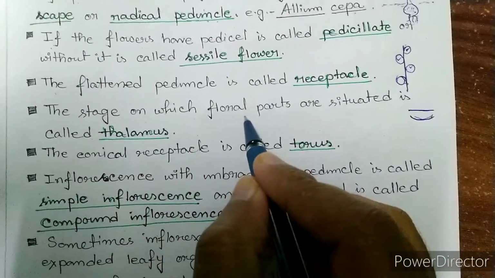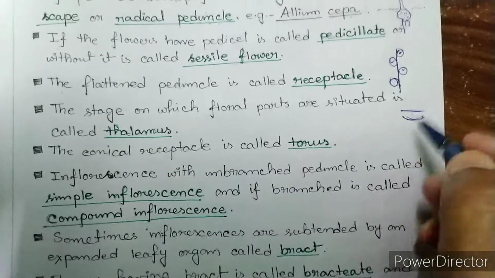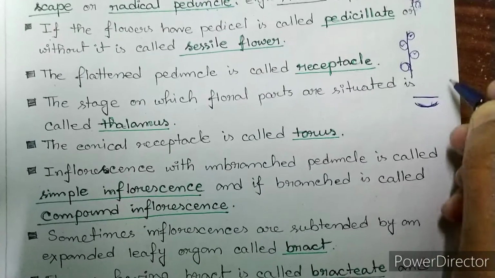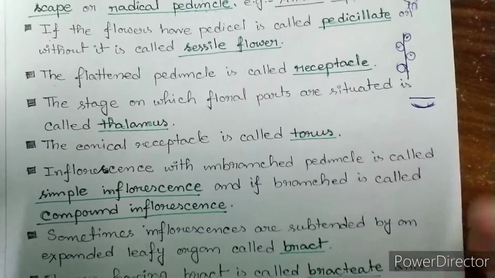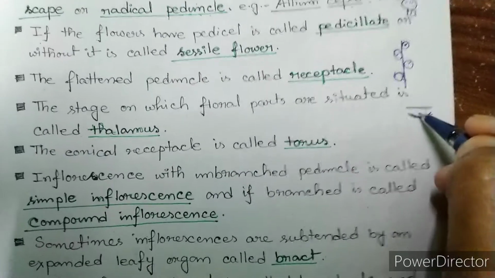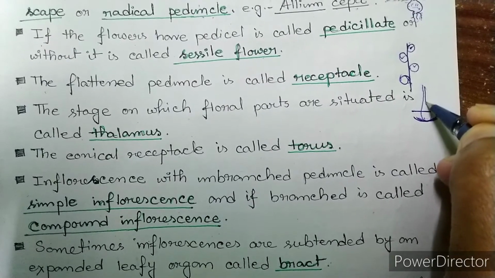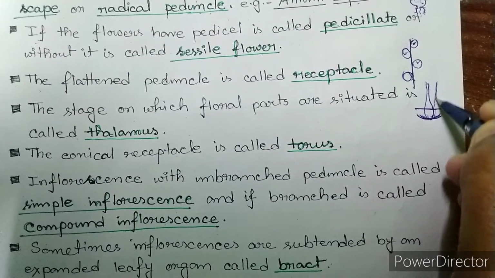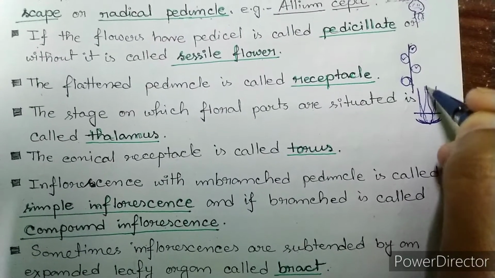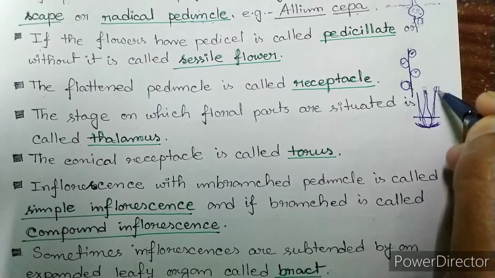The stage on which floral parts are situated is called thalamus. So this is a receptacle, and from here each and every floral part like calyx, corolla, androecium, gynoecium, everything is attached to this part. This is the ovary, this is androecium, this is gynoecium, this is androecium.